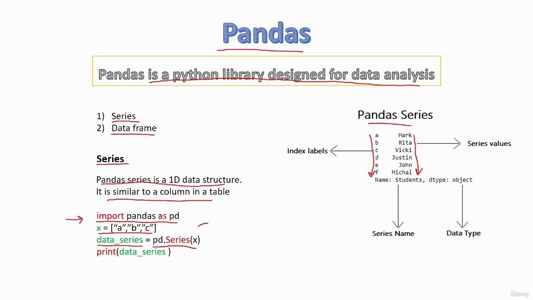Then I passed list X as an argument. Then it will create a Pandas series from that list. Then I have typed print data series. It will print the series. So the output will be A, B, C. Then the indexes are 0, 1, 2.